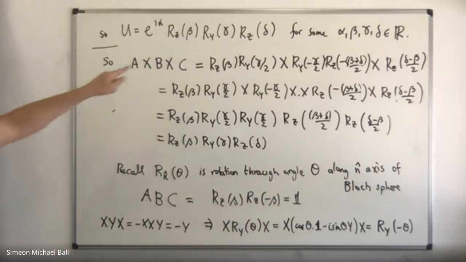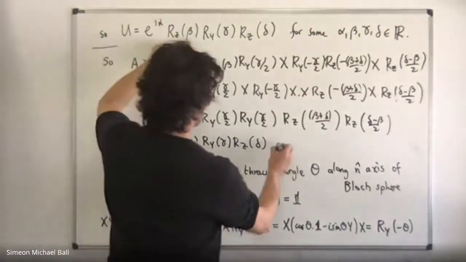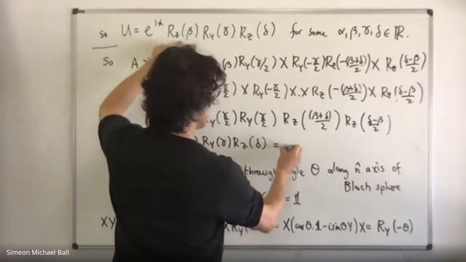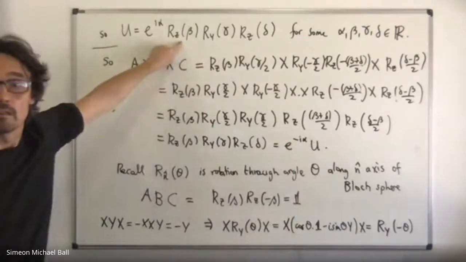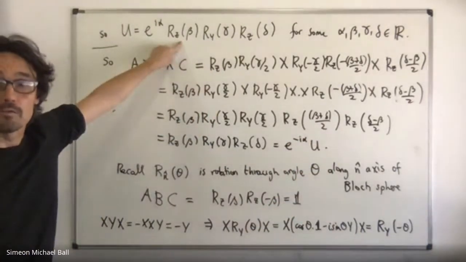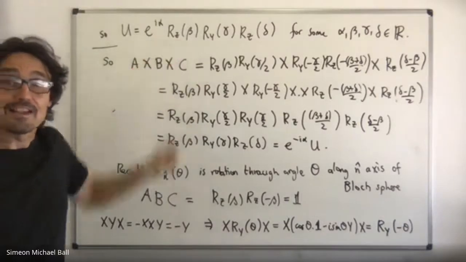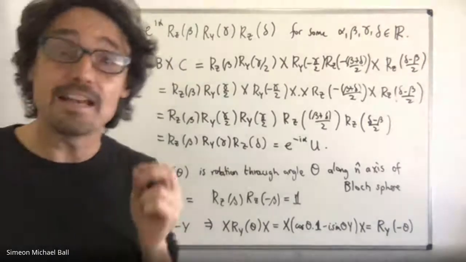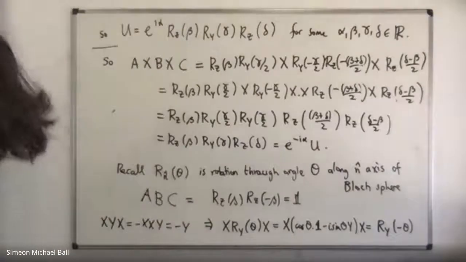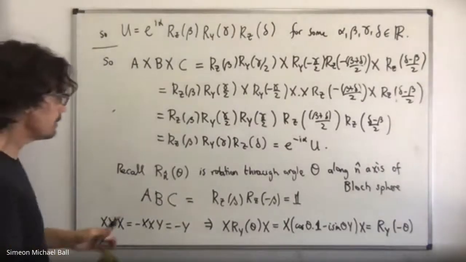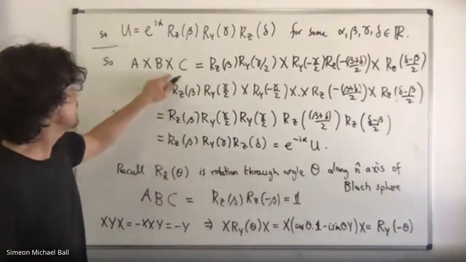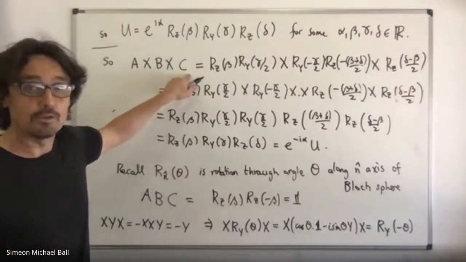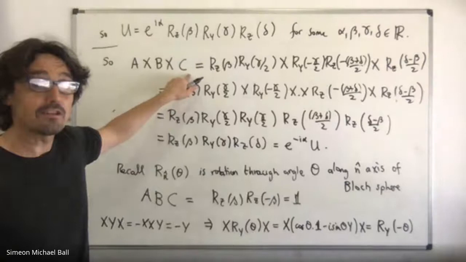But now, if I look up here, this is almost U. This is e to the minus i alpha times U. So I only now have to be a little bit clever and design my circuit using the fact that ABC is equal to the identity and AXBXC is equal to U. Do you see where the C-NOT's coming from now?